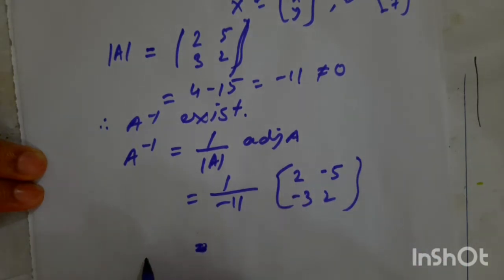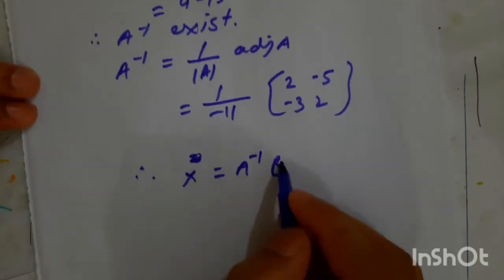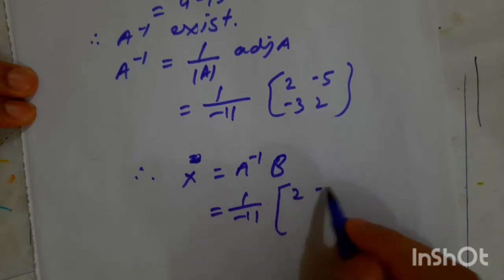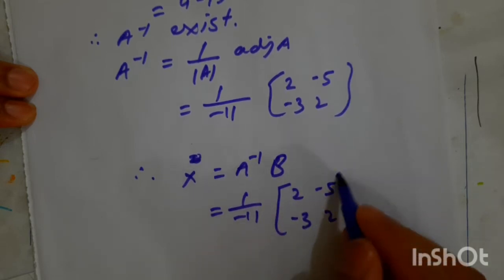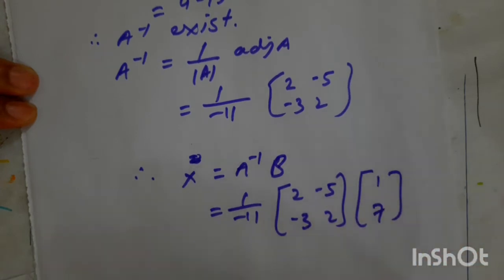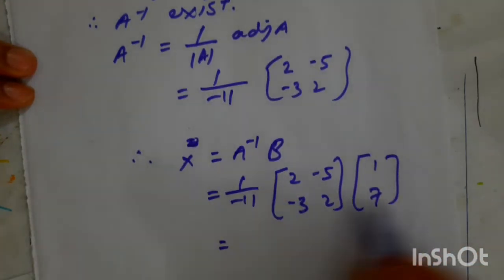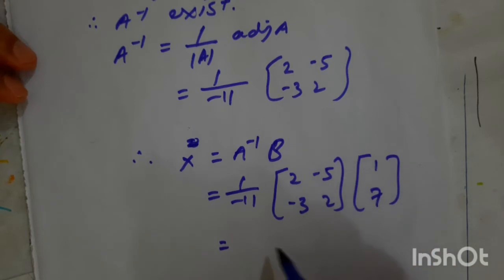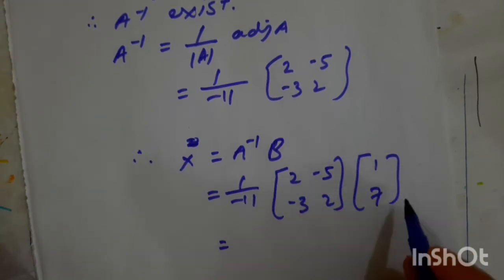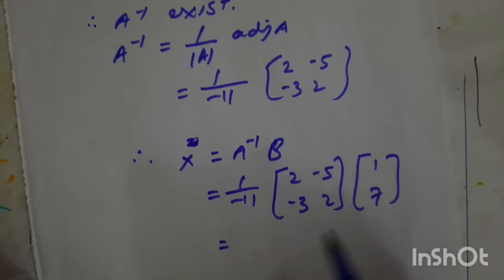So what is the value of X? X equals A inverse B. A inverse means 1 by minus 11 times 2, minus 5, minus 3, 2. And what was our B? 1, 7. After simplification, you multiply these two and you will get a 2 by 1 matrix.